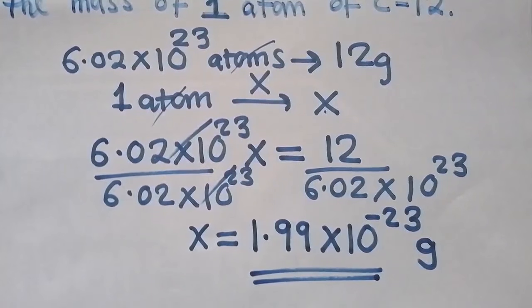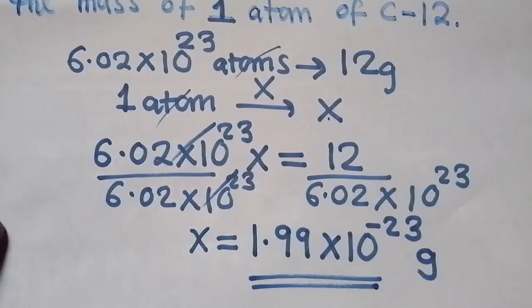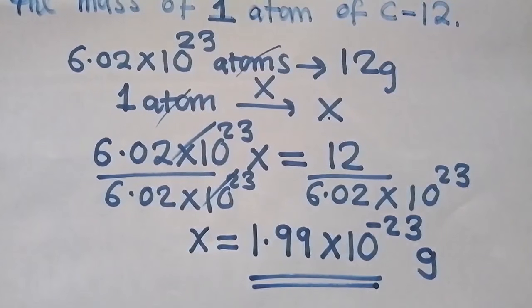These are procedures and an understanding that you need to have whenever you want to calculate any question related to this. You equate this to that. So let's make sure we understand this and get all the concepts that are required.